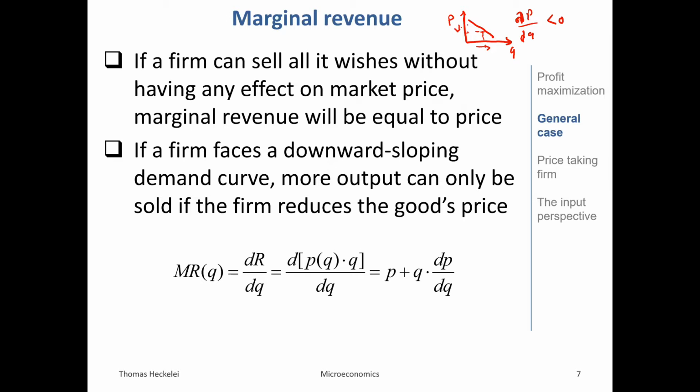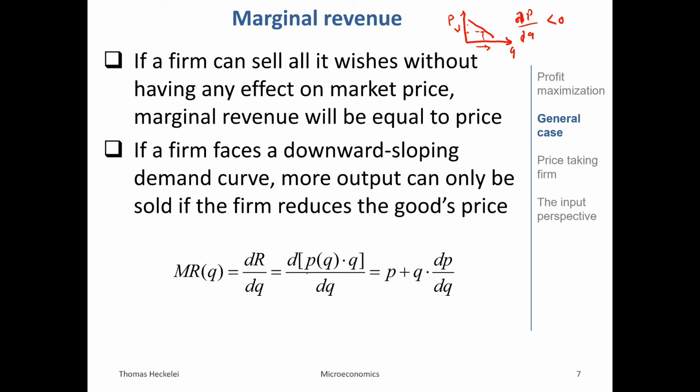So marginal revenue, by definition, is the derivative of the revenue with respect to quantity Q. Now, let's do it in a little more detail.